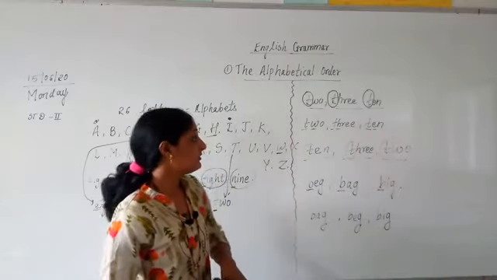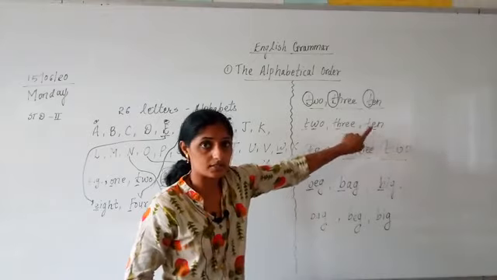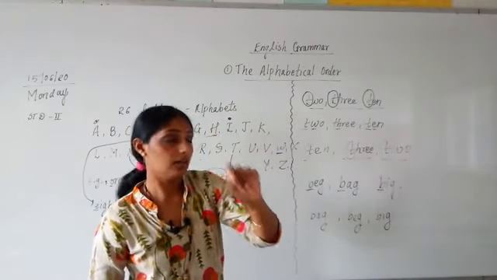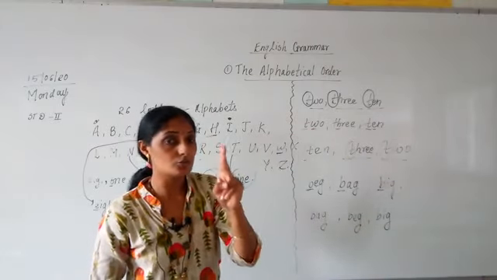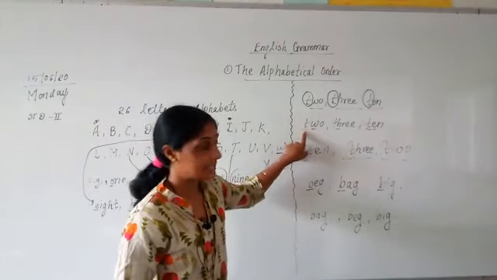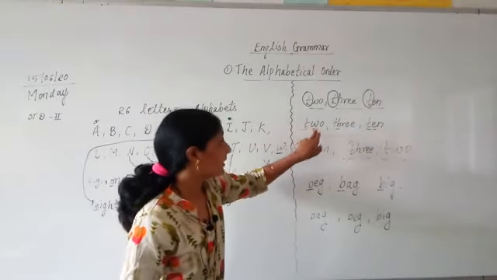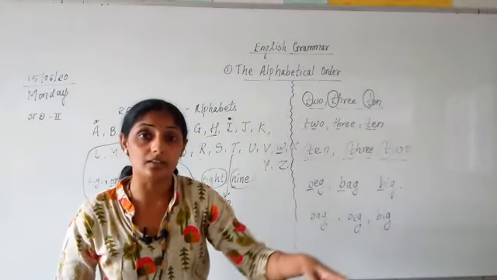Keep in mind, if the first letter is same in all words, which letter do you look at? You look at the second letter. Understood? If the first letter is same everywhere, then you have to see the second letter. If the second letter is also same, then you go for the third letter.